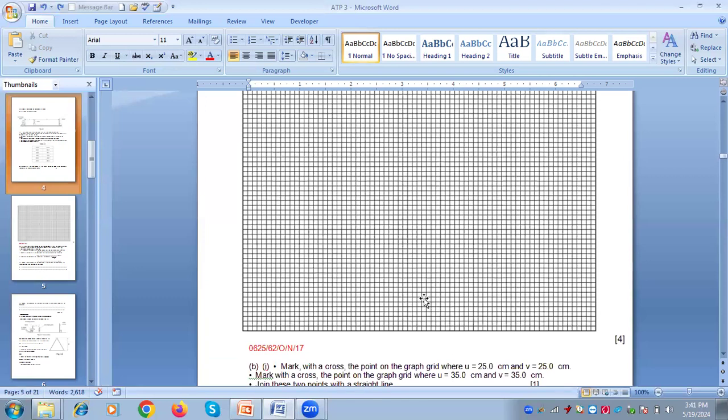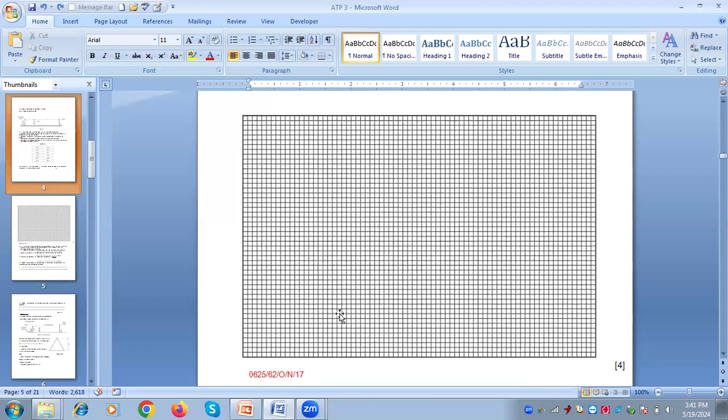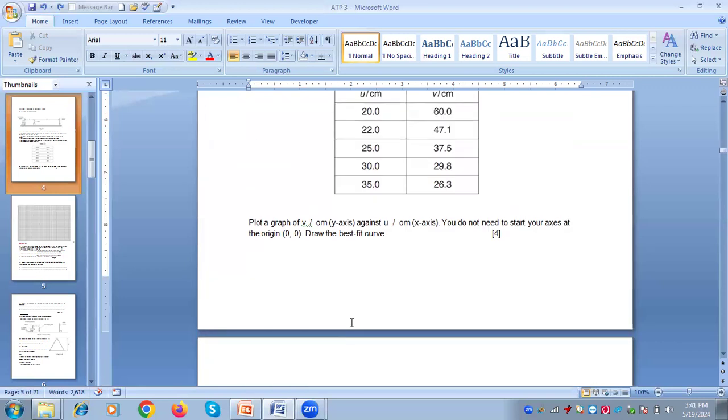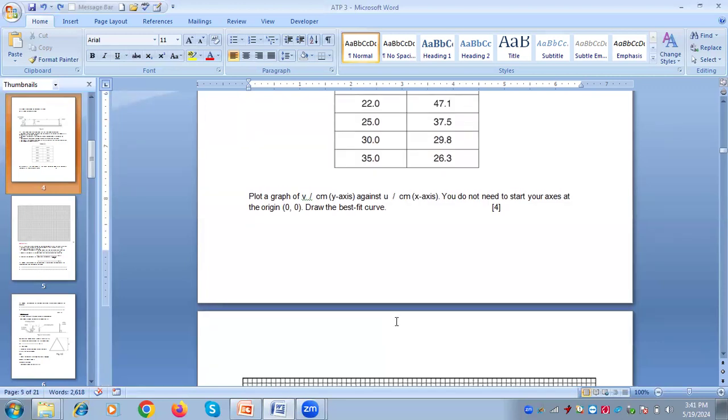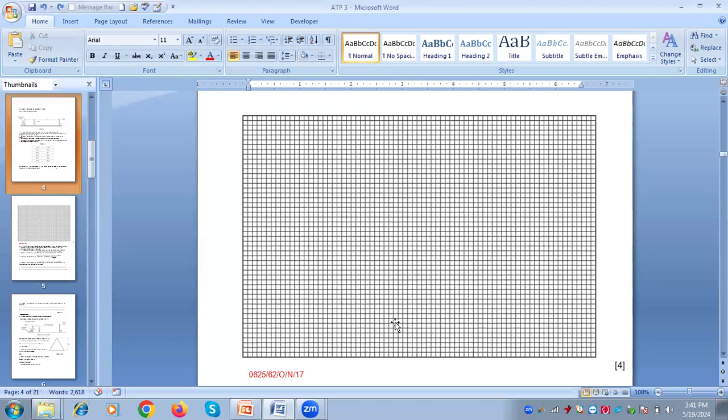Okay, so the graph is to be plotted by taking u on x-axis and v on y-axis.